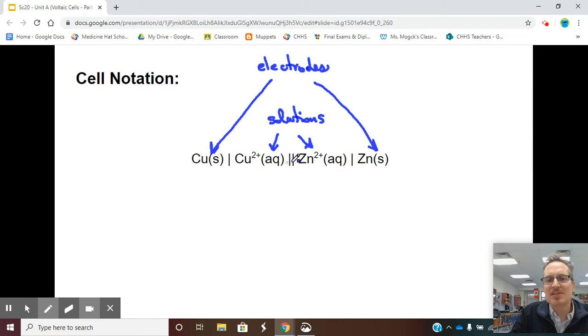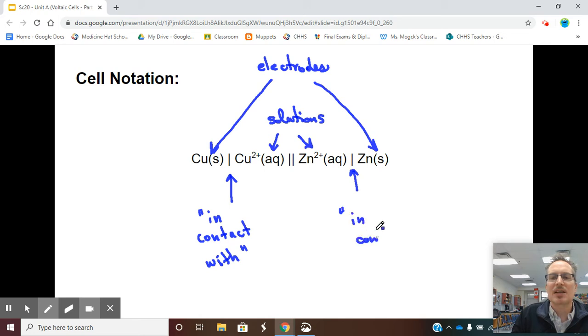Now you'll notice we have some lines here. A single line means in contact with. So this line over here also means in contact with. This is important because we read cell notation from the outside in.